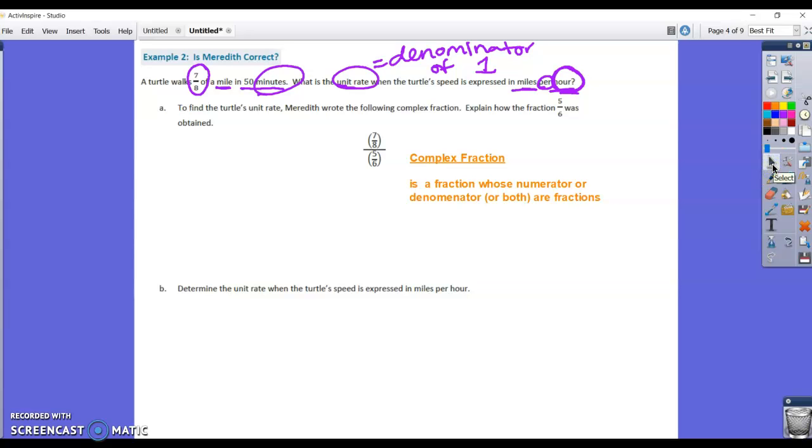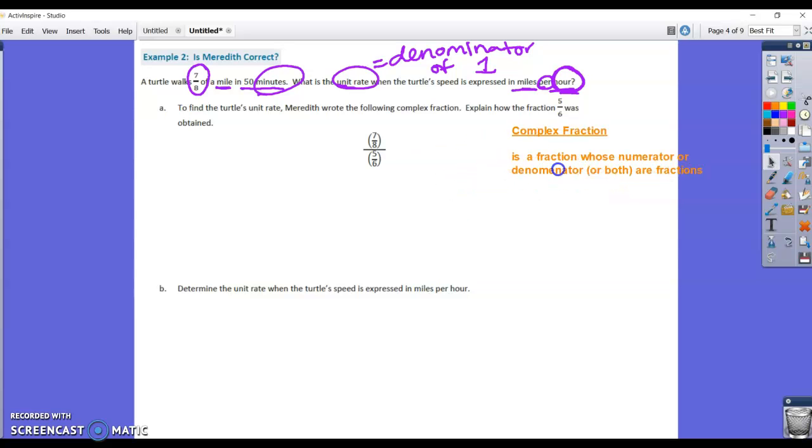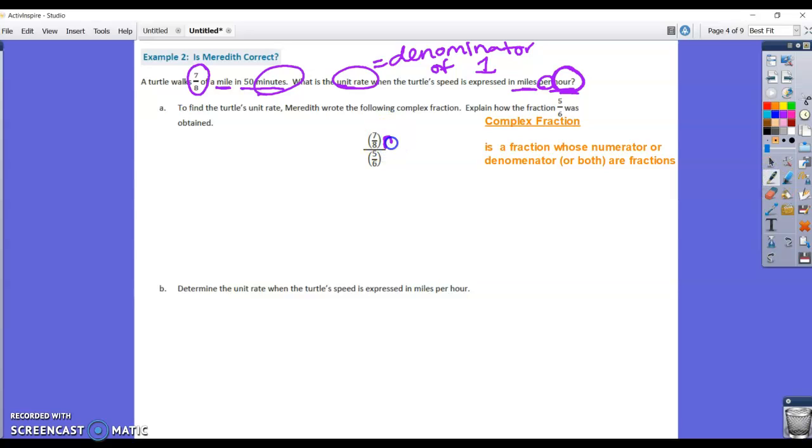Okay, so a complex fraction is a fraction whose numerator or denominator or both are fractions. So this is a complex fraction. In the top we have 7/8 of a mile. Okay, so the 7/8 is coming from the number of miles.